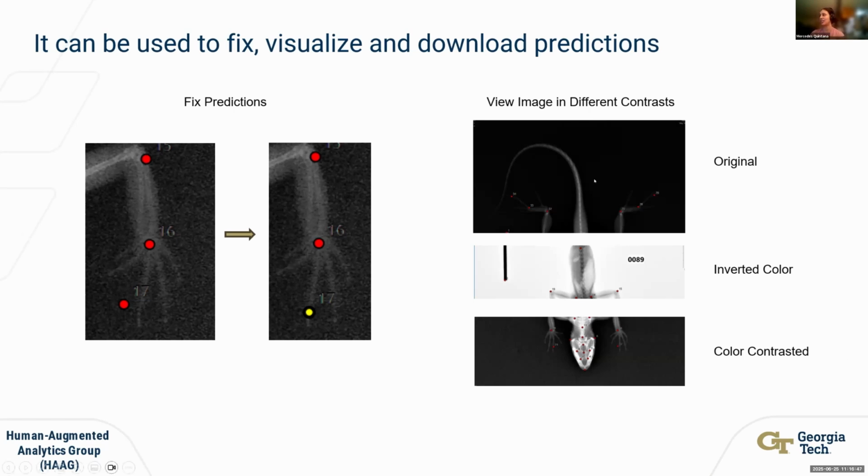This is how the original X-ray comes in, and you can see it's really hard to see the toe bones. Since the landmarks need to be pretty precise, it's helpful to have different versions of the image so you can make sure that what the model is predicting is what you'd like. The last one is inverted color, which is helpful for seeing the landmarks on the body.